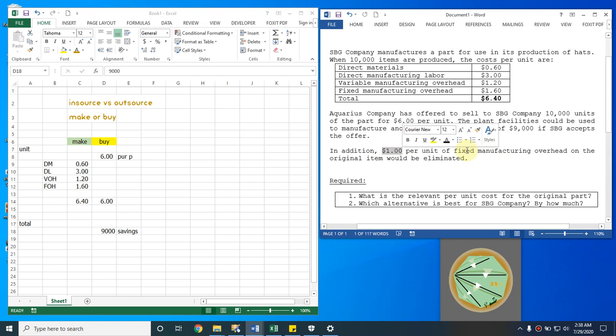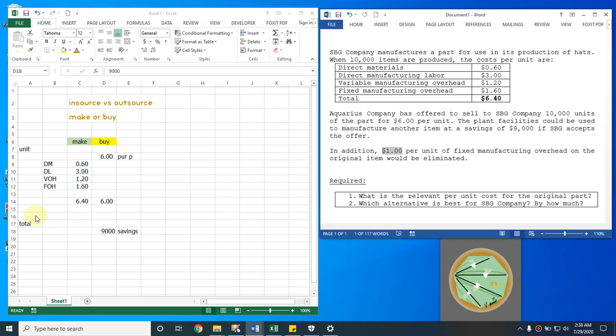Okay, so those are the complete items, all of the considerations that we have to make when we analyze this decision. So we have $1, again an element to consider here that can be eliminated.